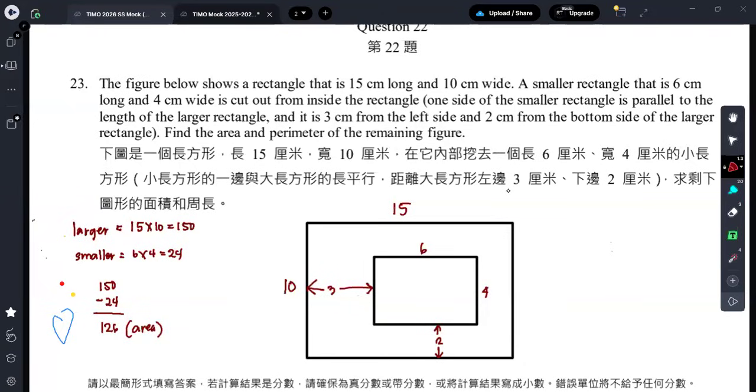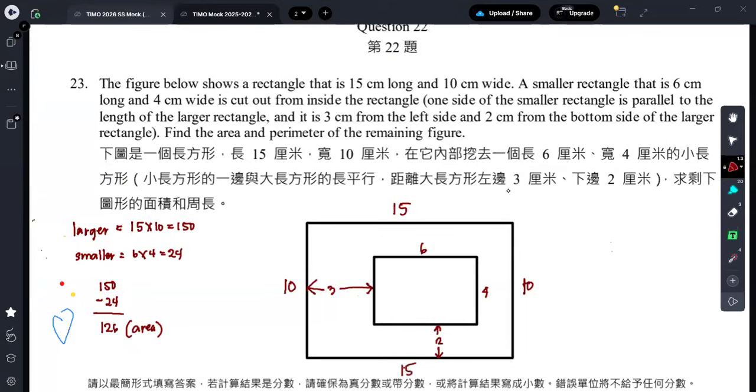So if this is 15, this is 15. So what is the perimeter of the remaining figure? This is 15 also. I know this is 10. This is equal to how much? 30. Is that 15?